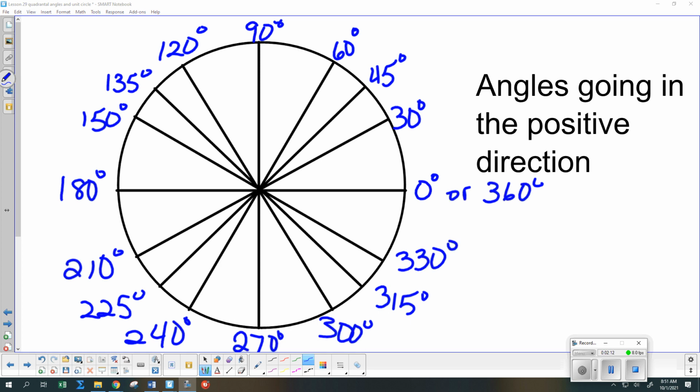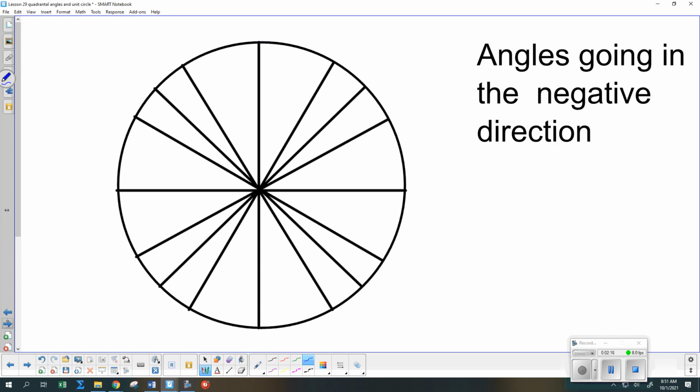So the next one is just as easy. We're just going to do the angles going around in the negative direction, again using degrees. So we're going to have 0 degrees, negative 30 degrees. The negative simply means we go down and to the left as we start out.